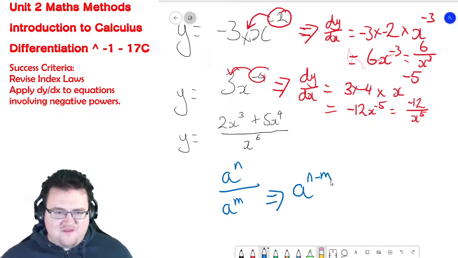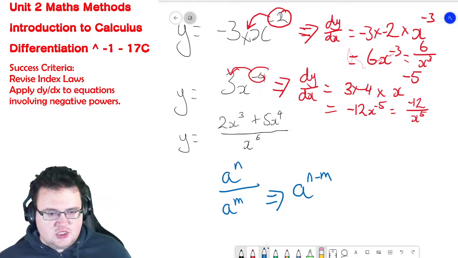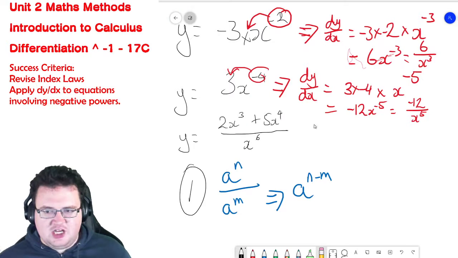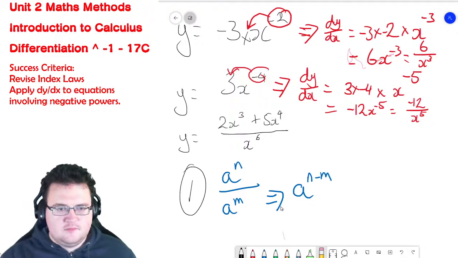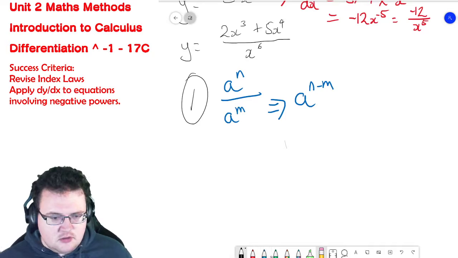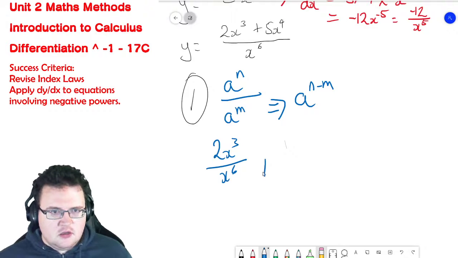If we have that rule, we can make things a little simpler for us. We don't have to do any extra stuff. We'll call this method 1, taking advantage of this property here. So I'm going to split this into 2x3 divided by x to the 6 plus 5x4 over x to the 6.